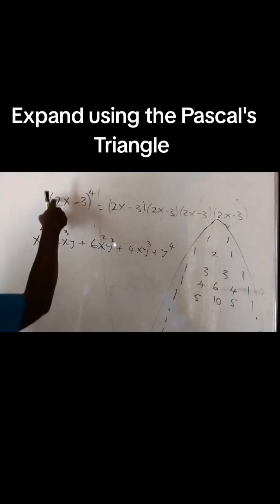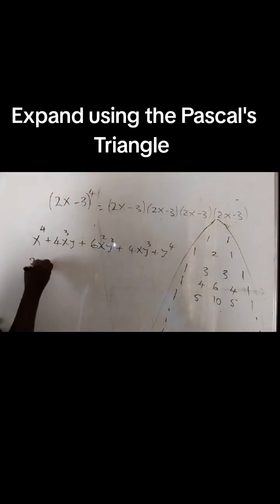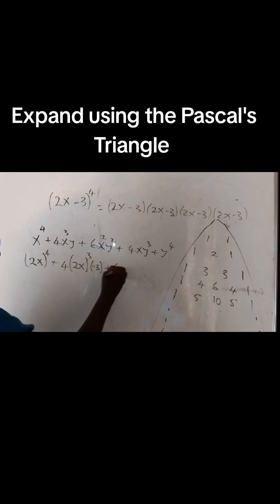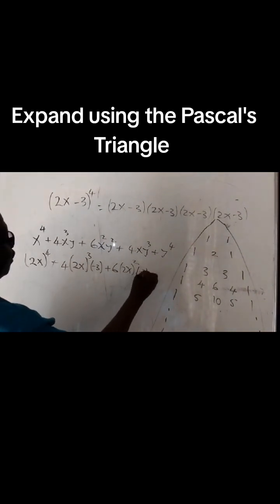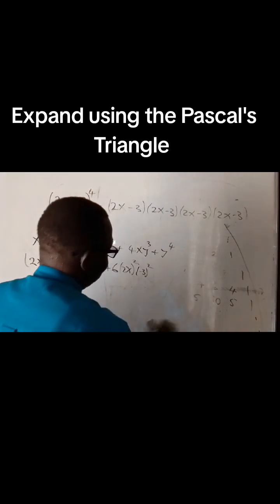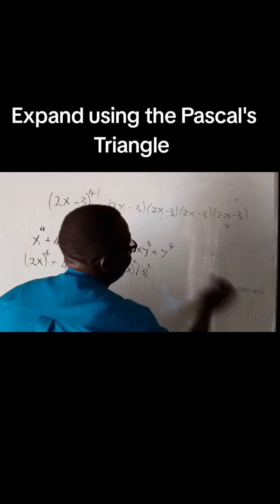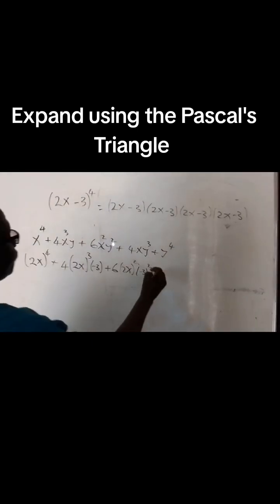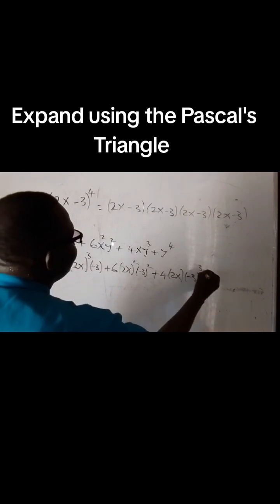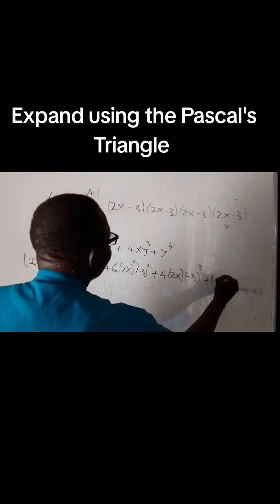In place of x we have 2x, so you put (2x) to the power 4 plus 4 times (2x) to the power 3 times y, which is negative 3, plus 6 times (2x) squared times (negative 3) squared, then plus 4 times 2x times (negative 3) cubed plus (negative 3) to the fourth power.